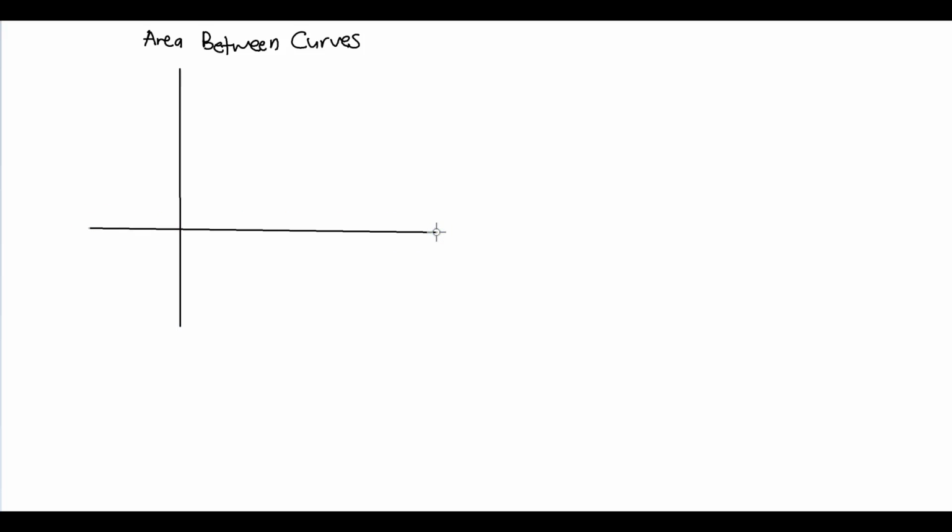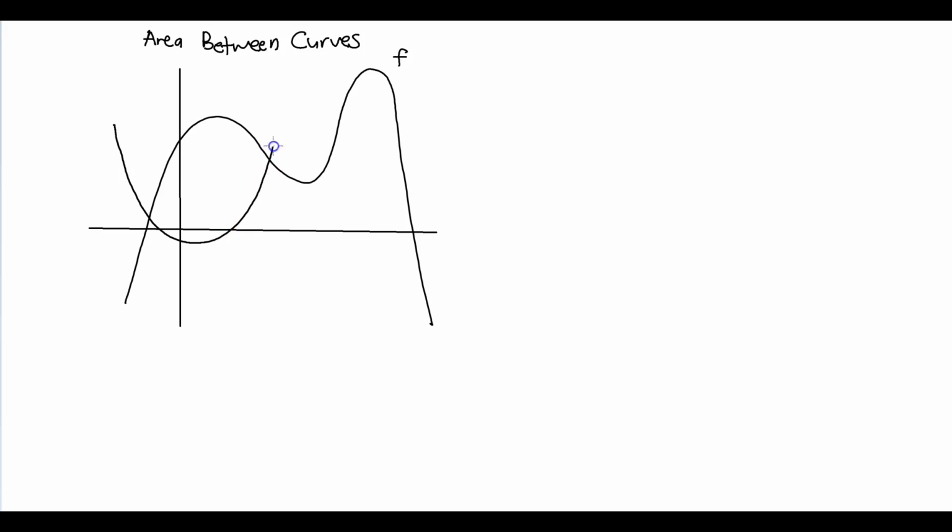So let's have a couple of axes, okay? And I draw two functions. Let's call this f, and let's call this one g.